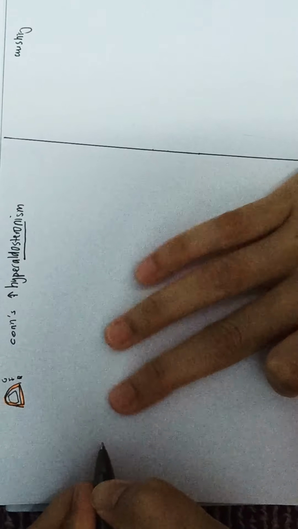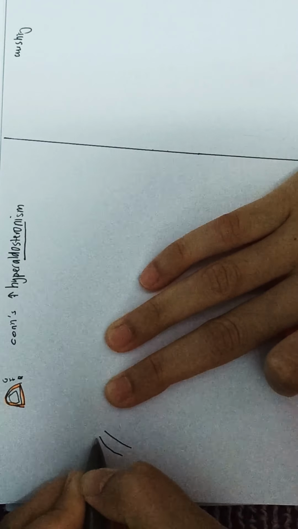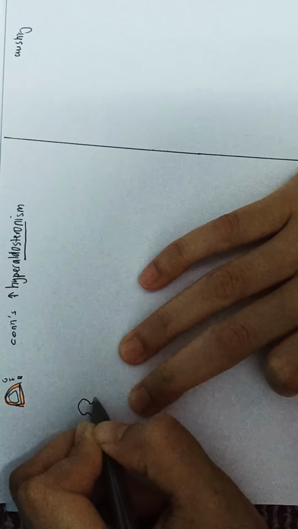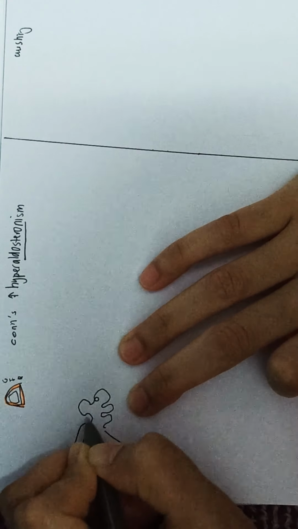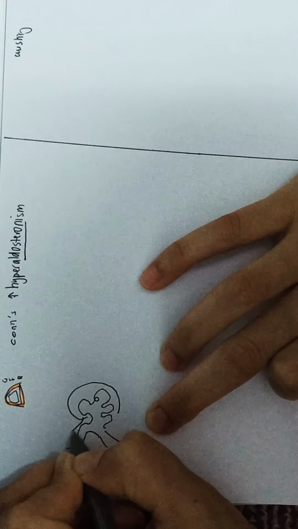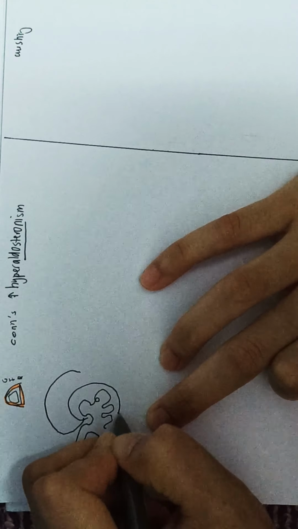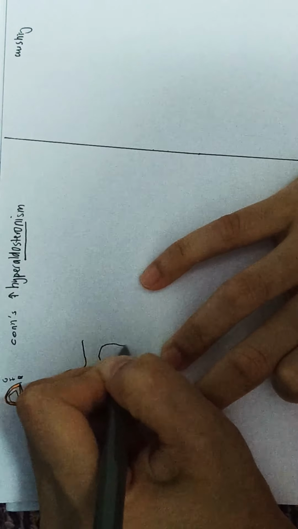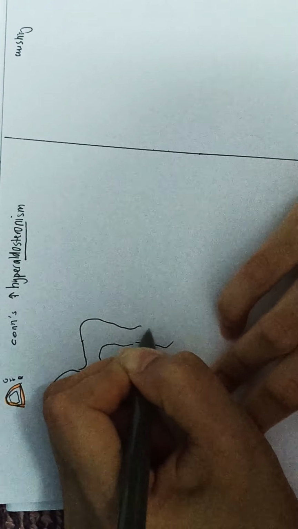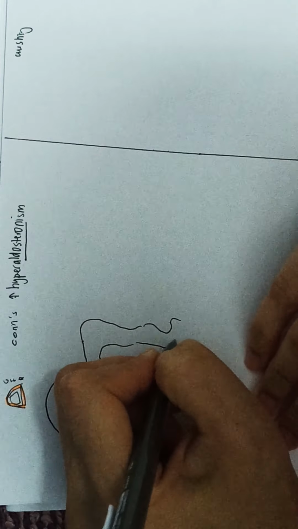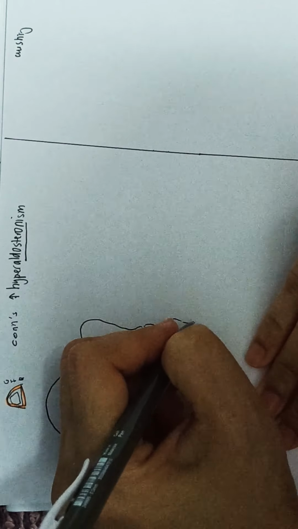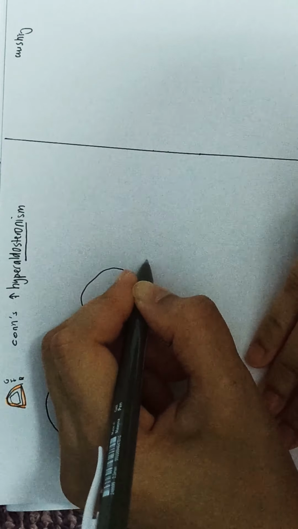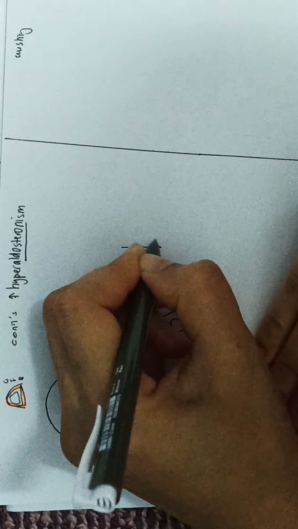So basically we have the efferent, and we have the glomerulus inside the capsule lumen, and these capsule lumens will turn to become the proximal convoluted tubules and loop of Henle, then the distal convoluted tubule and the collecting ducts.